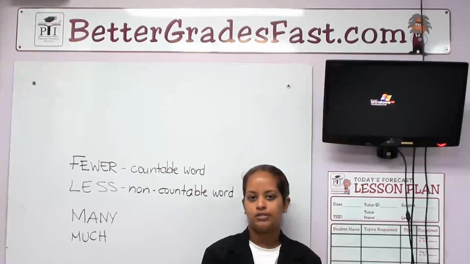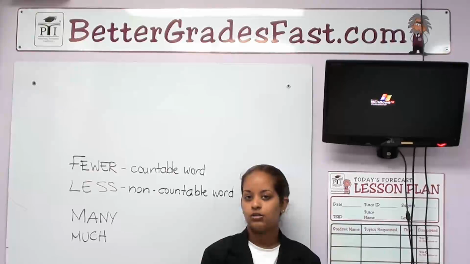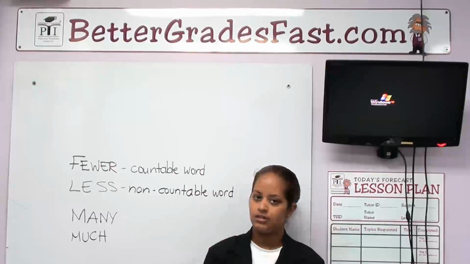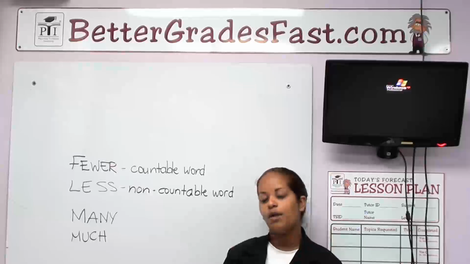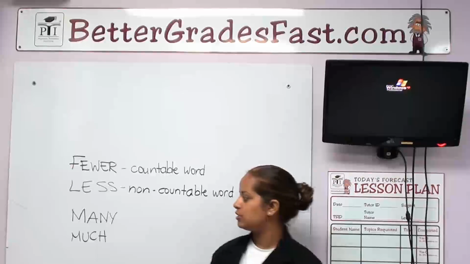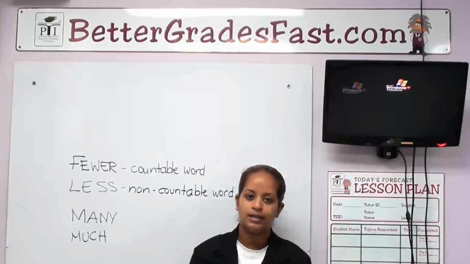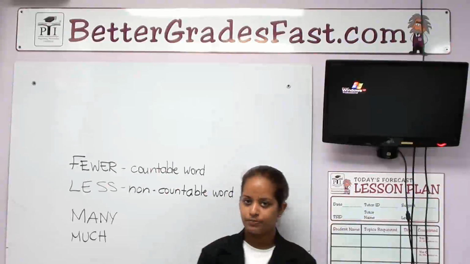Remember this when writing your sentences. Also, you may have a section to answer questions like this where you have to choose between fewer and less or much or many. When you are able to tell the difference clearly, then these exercises become very simple.